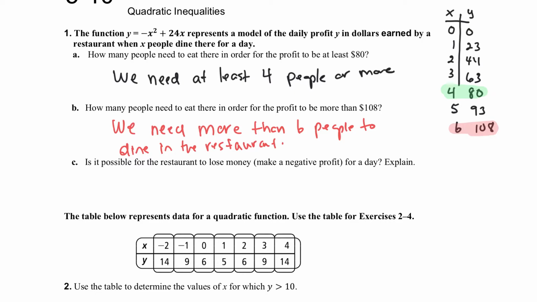We need more than 6 people to attend the restaurant. If 6 people attend, that isn't what they're asking for. They're asking for more than $108.